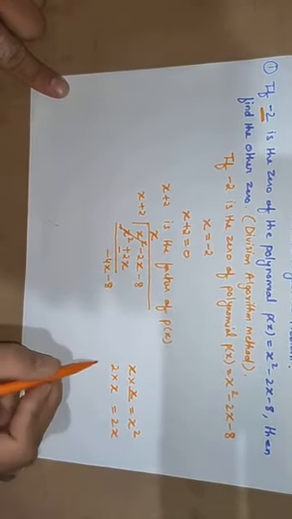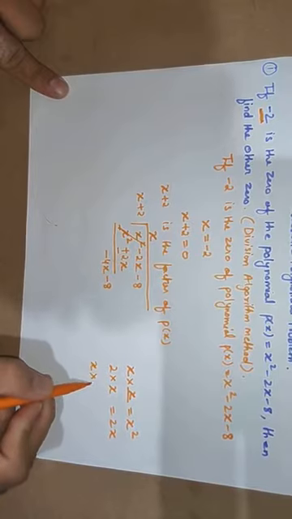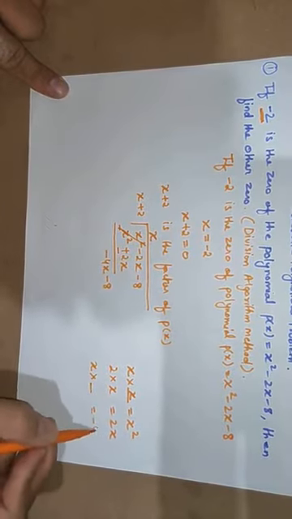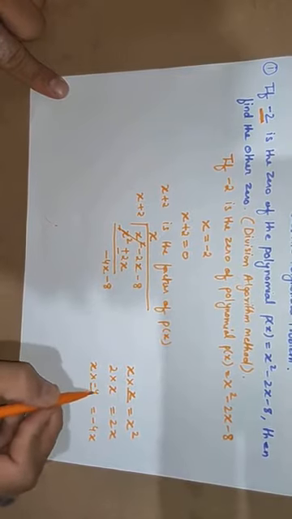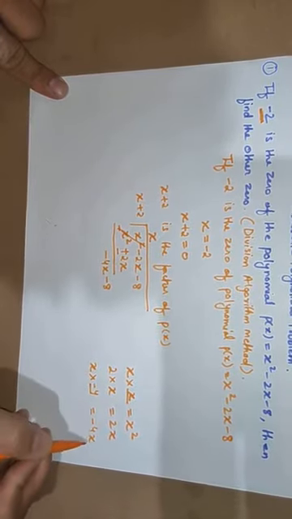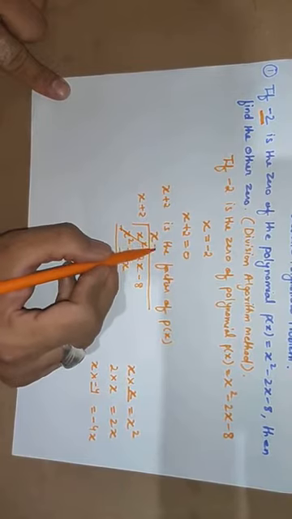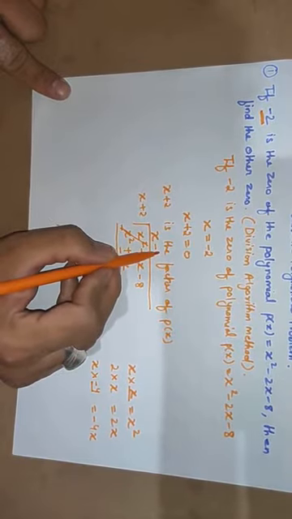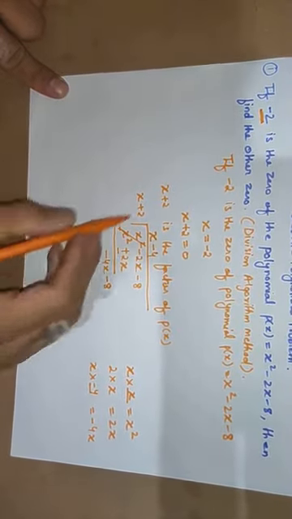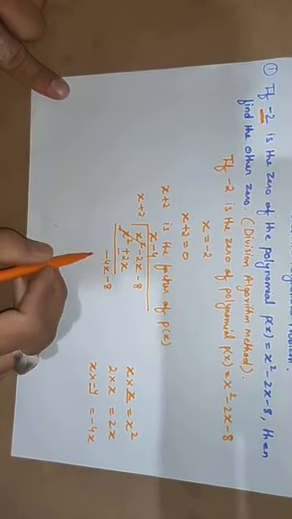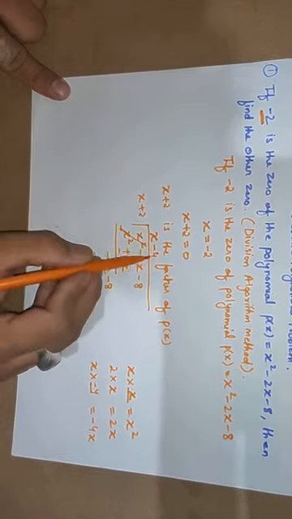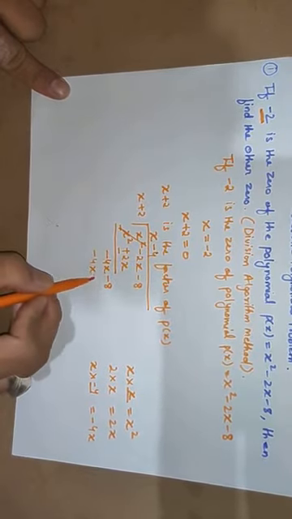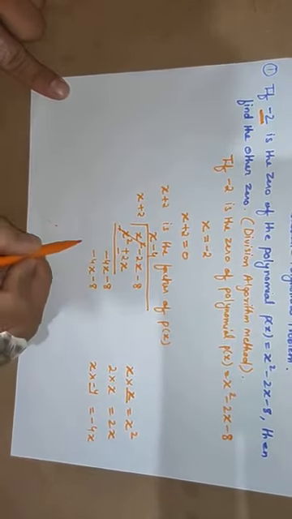Now what will I multiply to x to get minus 4x? For sure I have to multiply x into minus 4 to get minus 4x. So I write minus 4. x into minus 4 is minus 4x, and plus 2 into minus 4 is minus 8.